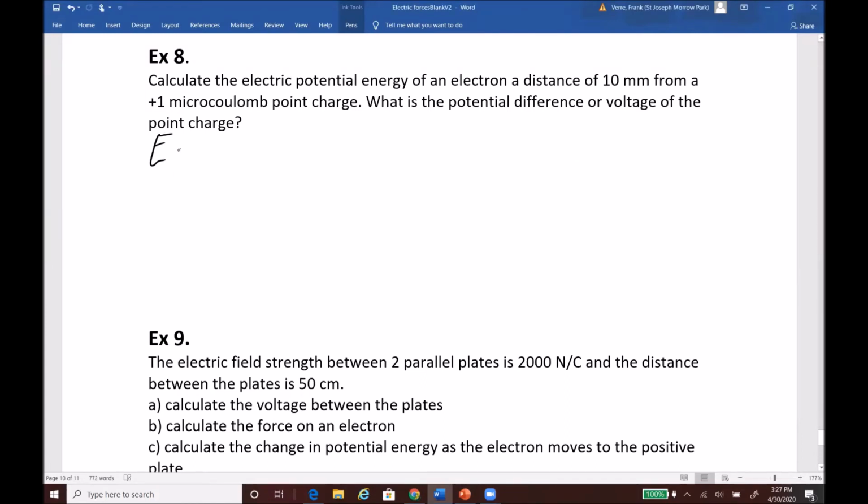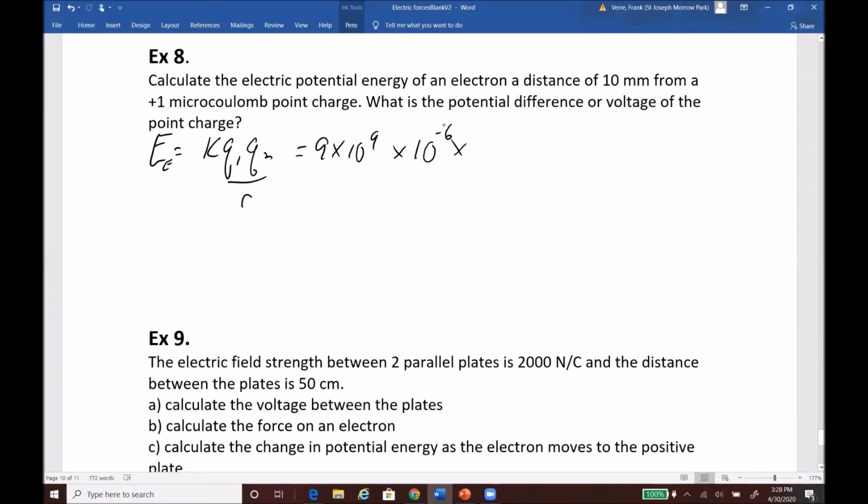If you recall, we defined it as k Q1 Q2 over r. So that would be 9 times 10 to the 9, that's the constant, times Q1. So Q1 we'll say is the point charge, so that would be 10 to the -6. Remember, microcoulomb is 10 to the -6.